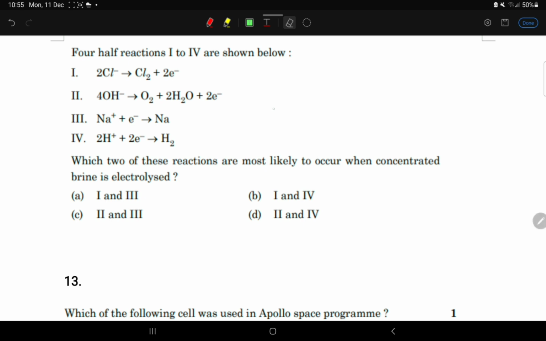During the electrolysis of brine solution, out of Na+ and H+, we know the E naught value of hydrogen is more, so hydrogen is liberated at the cathode. And out of Cl minus and OH minus, due to overpotential of oxygen, chlorine is liberated at the anode. So 1 and 4 are the correct options. So our option is B.